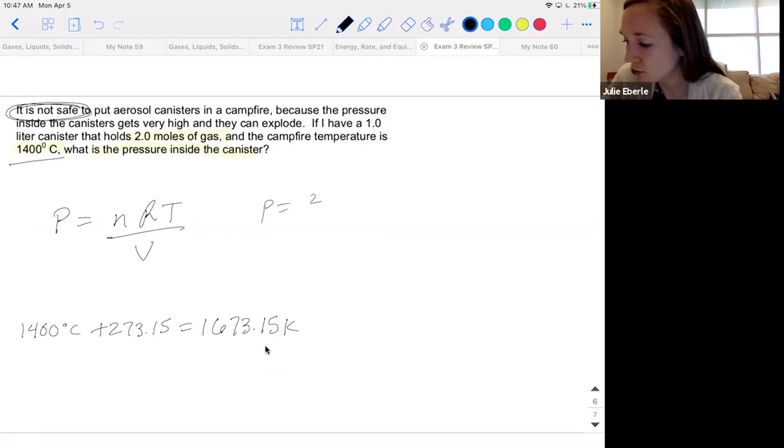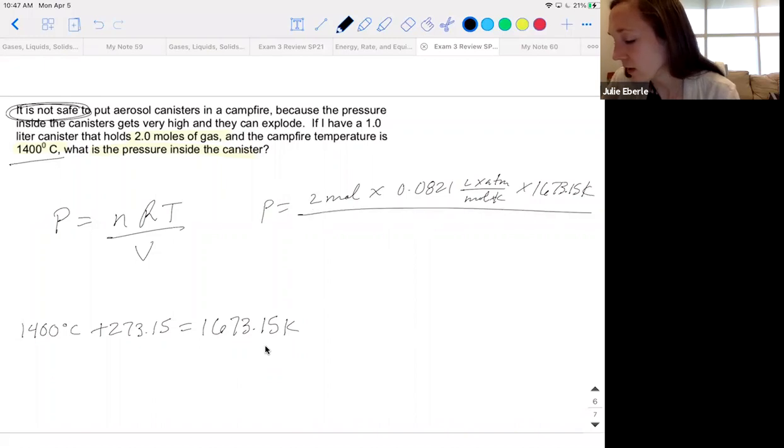P equals 2 moles times 0.0821 times the temperature, 1673.15 Kelvin, and divide all of that by 1. That's nice.